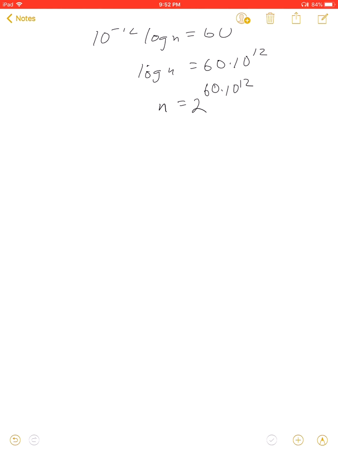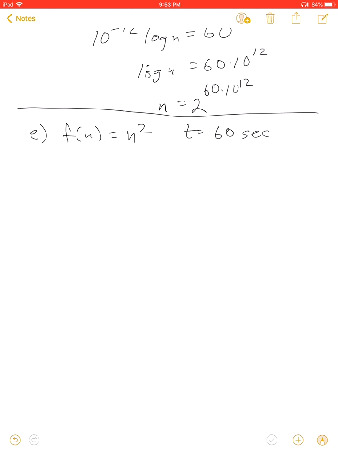So let's look at number E. It has the number of operations to solve a problem of size n as n squared. And again, t is equal to 60 seconds. All right, well, instead of getting the number of operations for problem size n, let's recouch this as time.